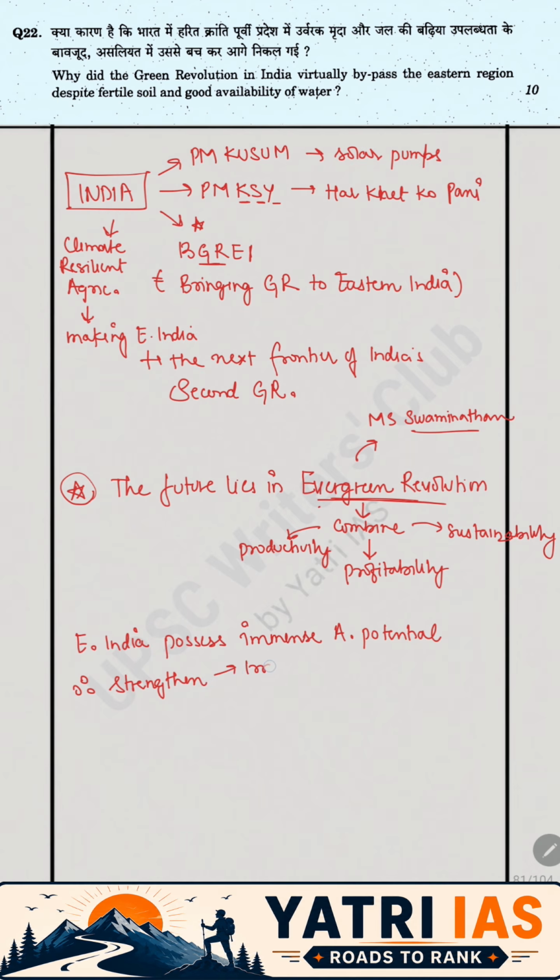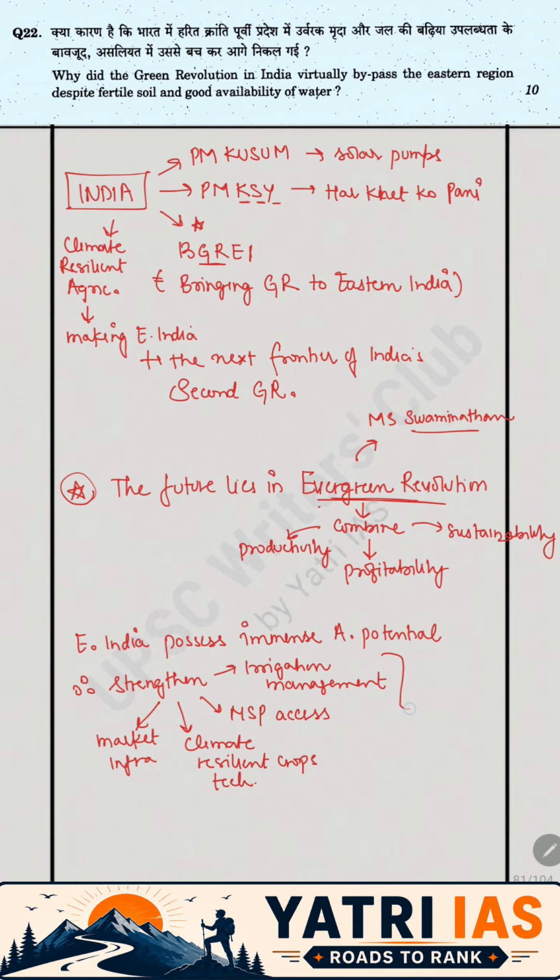strengthen irrigation management in the region, MSP access, climate resilient technology and crops, because the region is prone to disasters. Then develop market infrastructure.